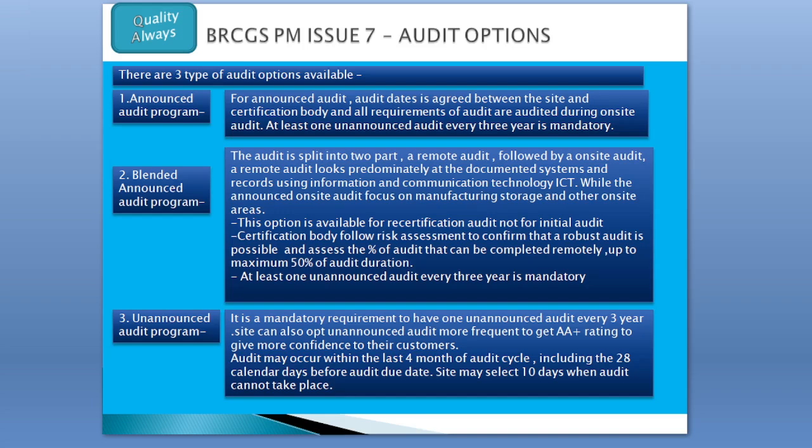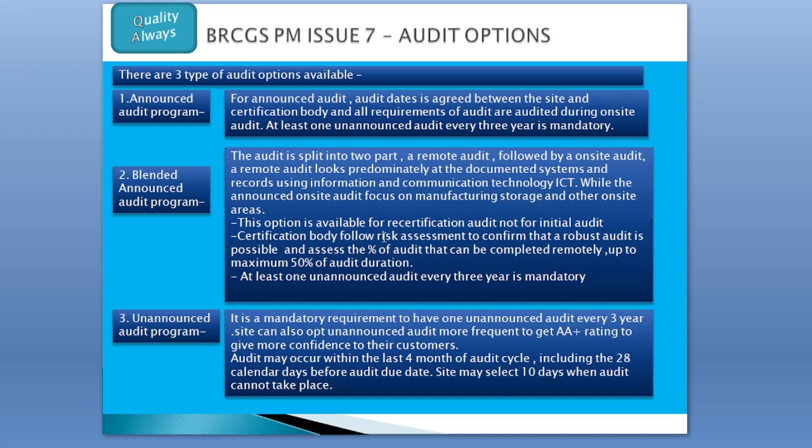Second is the blended announced audit. In the blended announced audit, the audit is split into two parts: a remote audit followed by an on-site audit. The remote audit looks predominantly at the documented system and records using information and communication technology, while the on-site audit is focused on the manufacturing, storage and on-site areas.